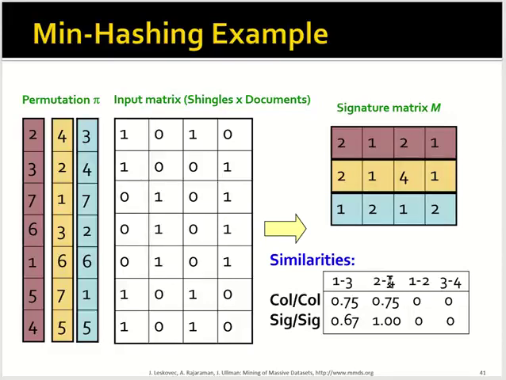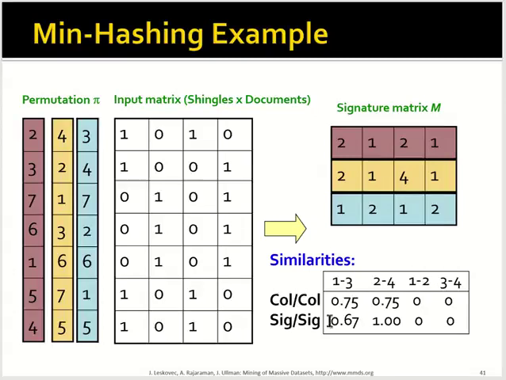Similarly, for column 2 with column 4, we have the intersection of 3 rows, and the union also includes row 2, so that's still 3 out of 4, and we get 0.75 here. It's also easy to see the similarity between columns 1 and 2 is zero.